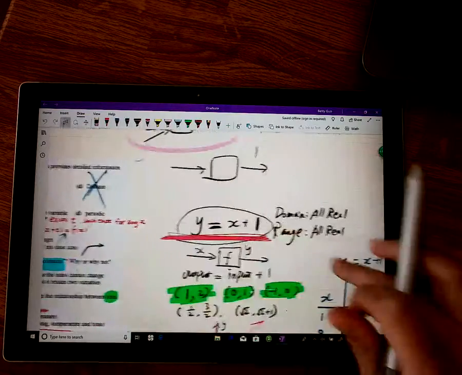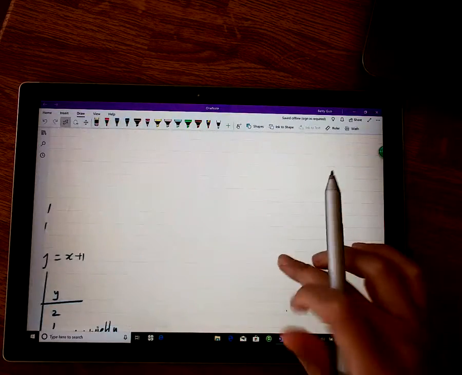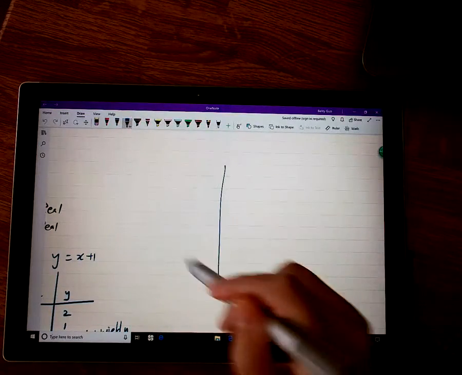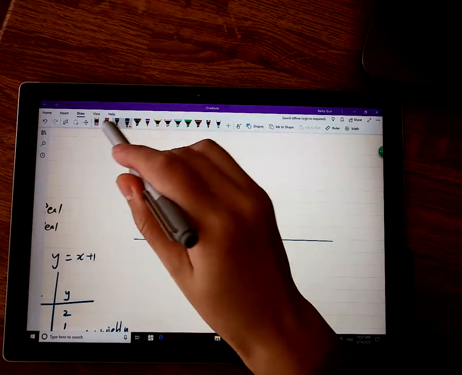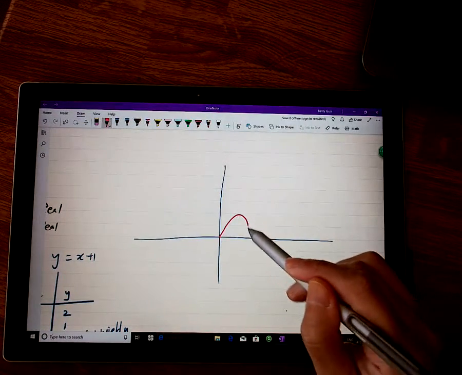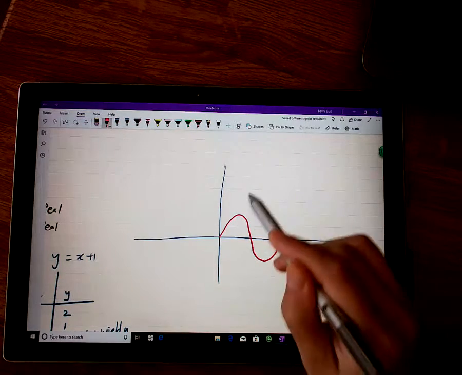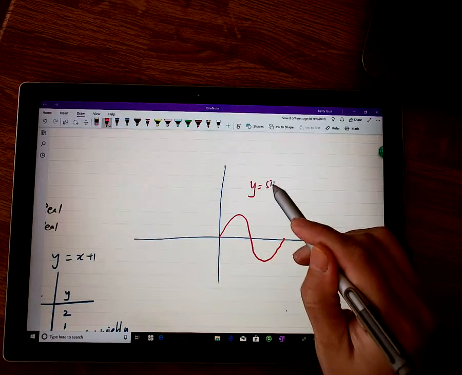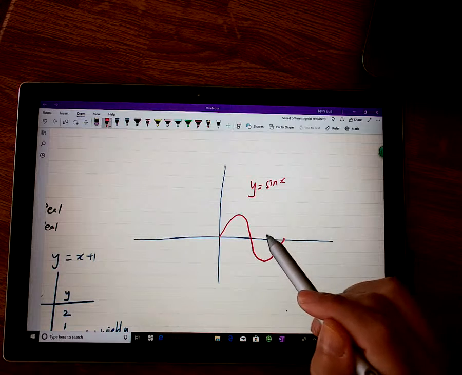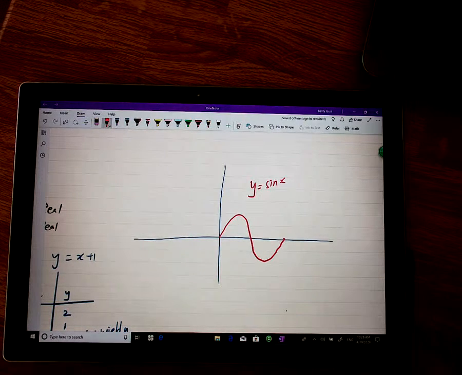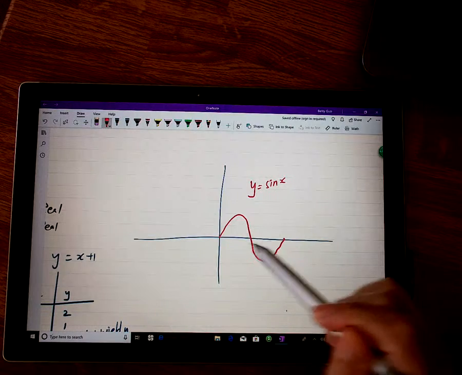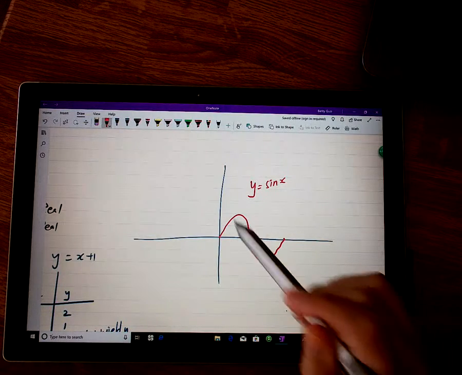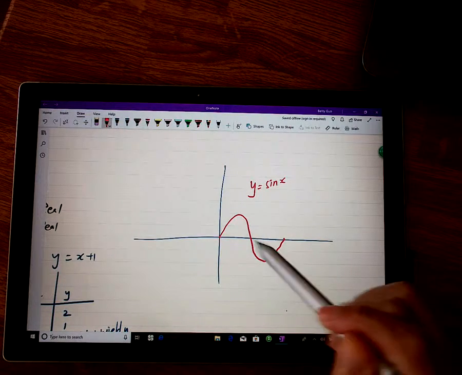One example that I can show you is we can see a graph. This is sine x, the most simple trig function. So this is a function, right? You can see the function passes the vertical line test.